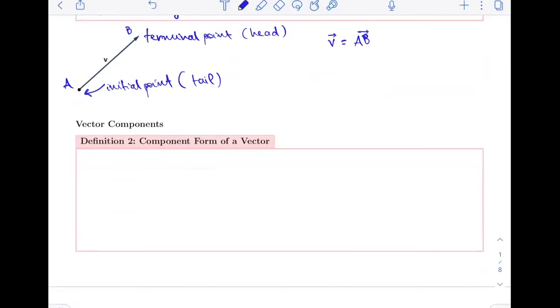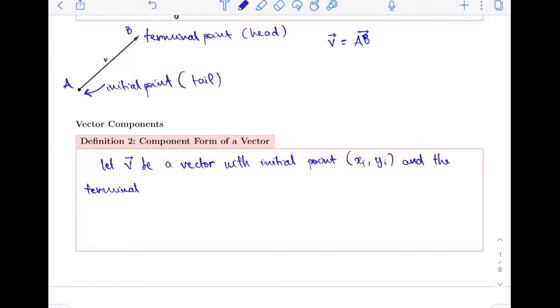That is the next definition that we need to look at: the component form of a vector. Let the vector v be a vector with initial point (x sub i, y sub i) and terminal point (x sub t, y sub t).